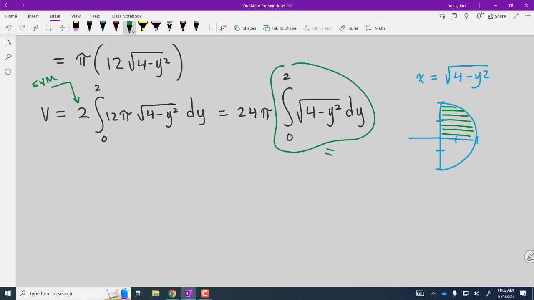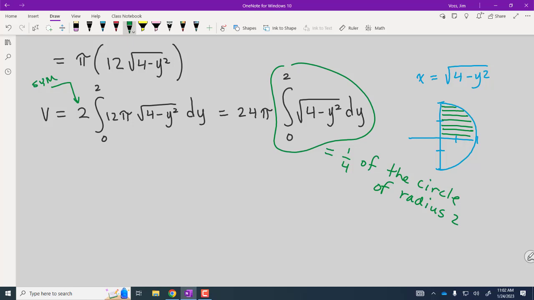That's quadrant 1, that's 1/4 of the circle of radius 2. That's what that integral represents. It's the area between the curve and the y-axis when y goes between 0 and 2.